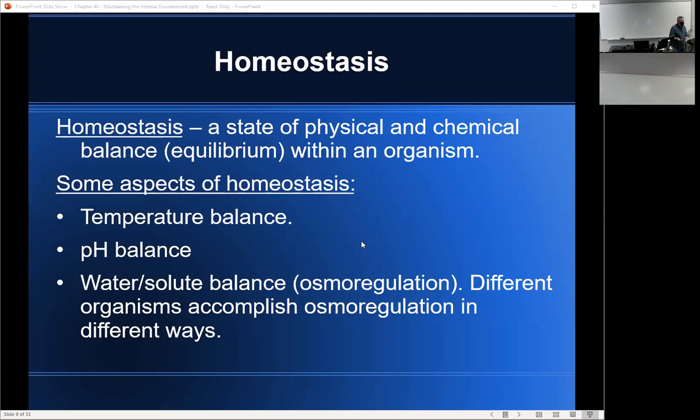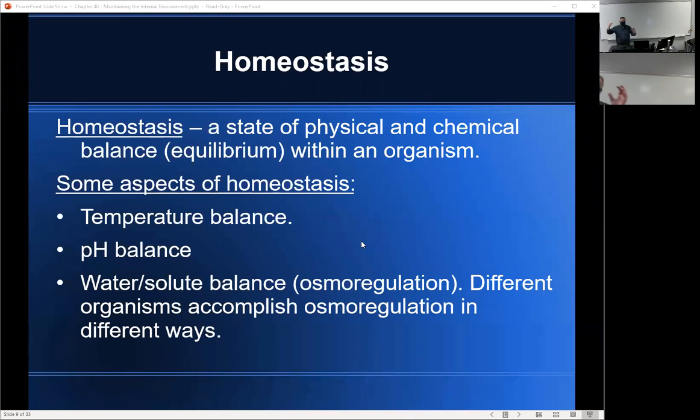In land animals and amphibians, however, there's a problem. We can't excrete diluted ammonia because that would mean too much water loss. We can't excrete concentrated ammonia because it's too toxic. It would cause burns and damage if we were to try to excrete concentrated ammonia.